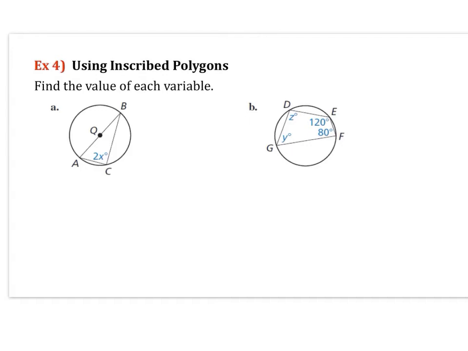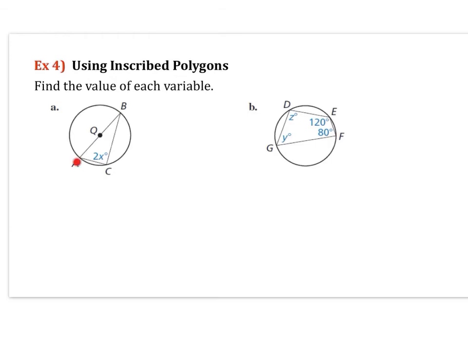All right, let's see if we can use our two inscribed polygon theorems to find the value of each variable in example 4a and example 4b. Our theorem states for an inscribed triangle that if one side of an inscribed triangle is a diameter of the circle, then the triangle is a right triangle, and the angle opposite the diameter is our right angle.